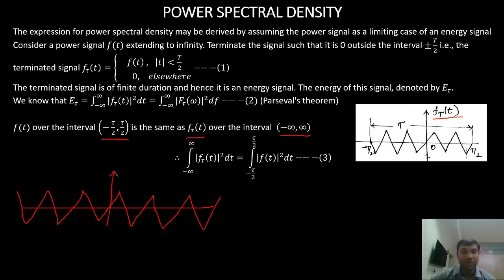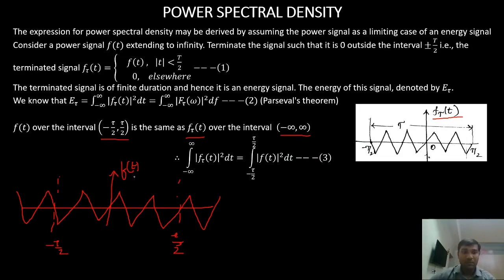Let me assume this is my f of t, and this is going to be my tau by 2 and minus tau by 2, right?